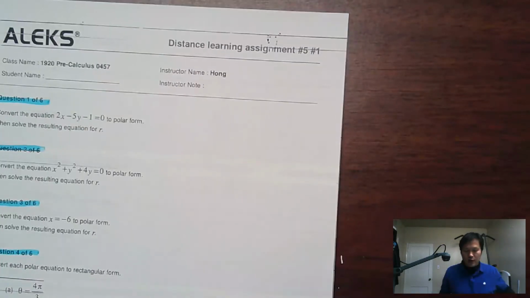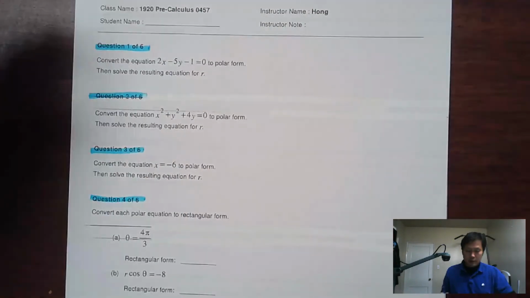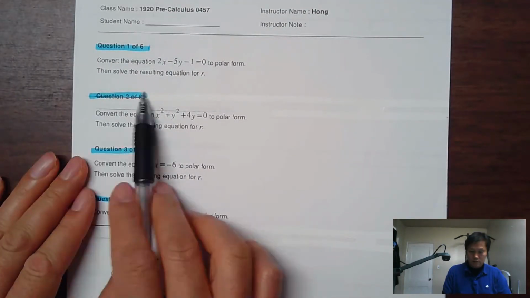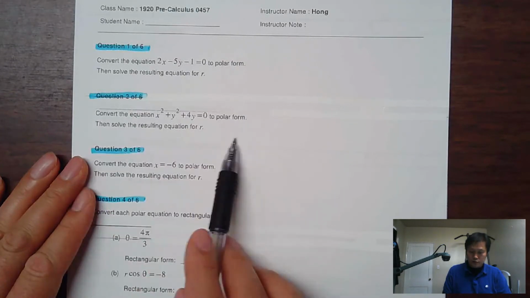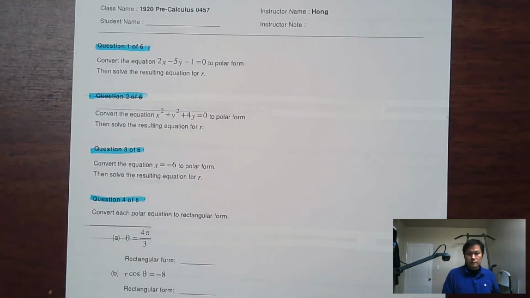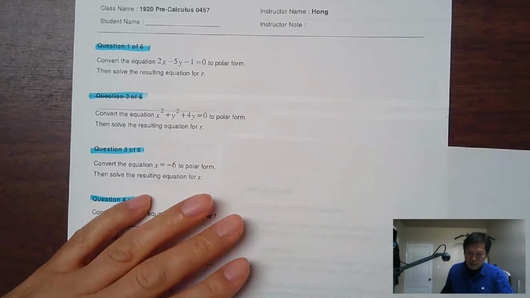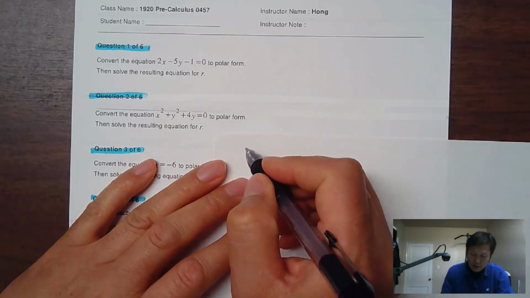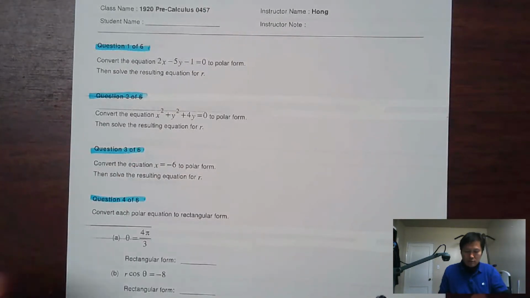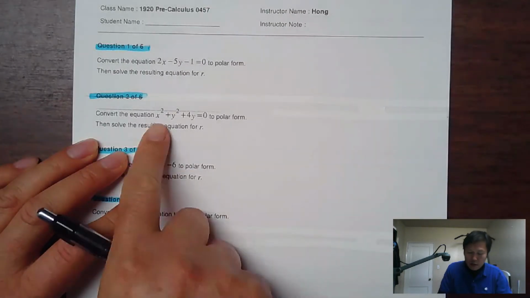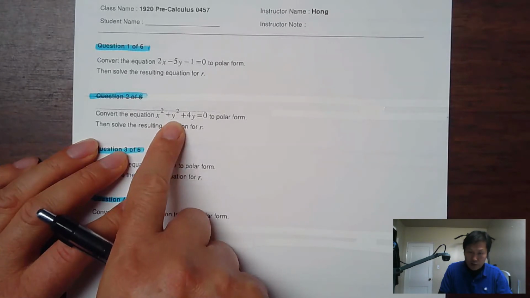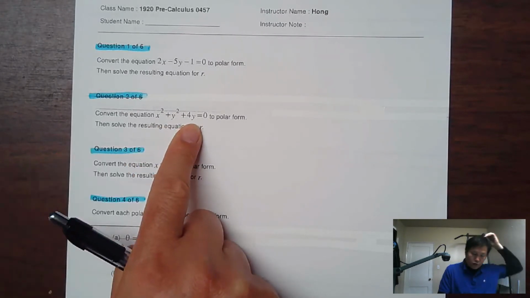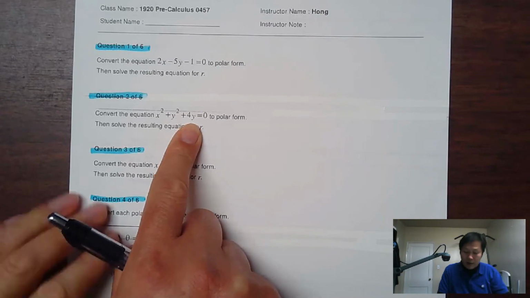You should try this example, which is very similar to what we just did. Try it. If I give you extra practice, x squared plus y squared should turn into r squared, and y should turn into r sine theta.